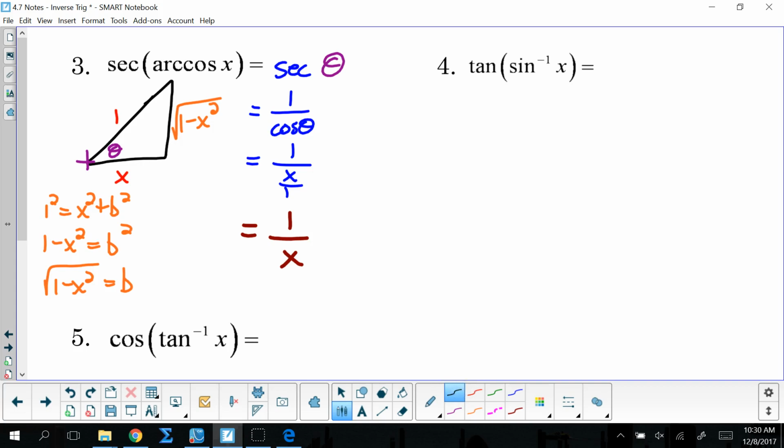Okay. Sine is opposite over hypotenuse. Well, that's the same math, it's just in a different spot. So this is going to be the square root of 1 minus x squared.